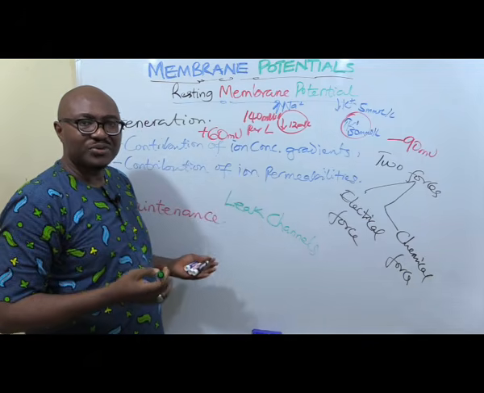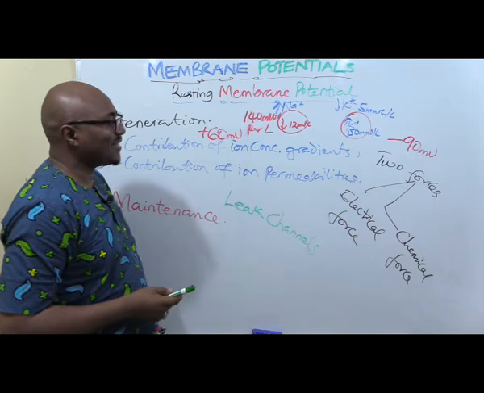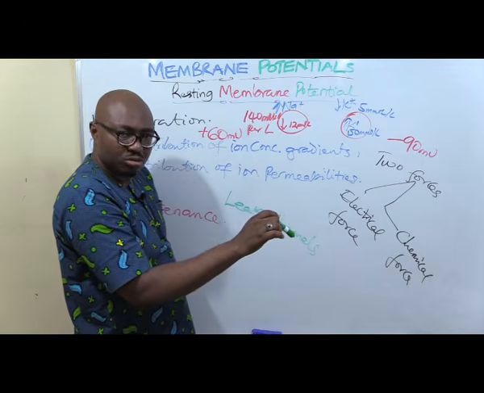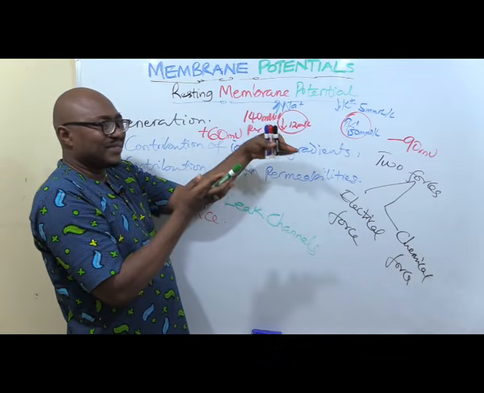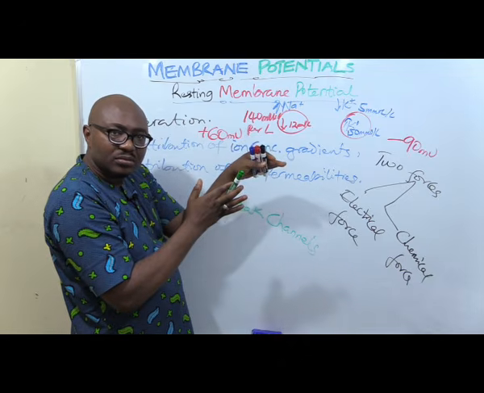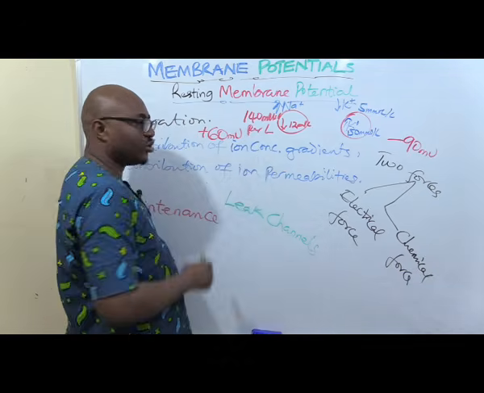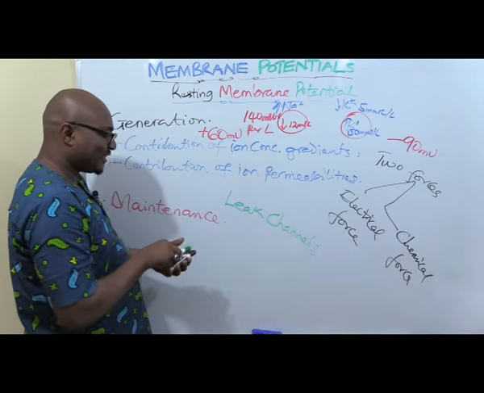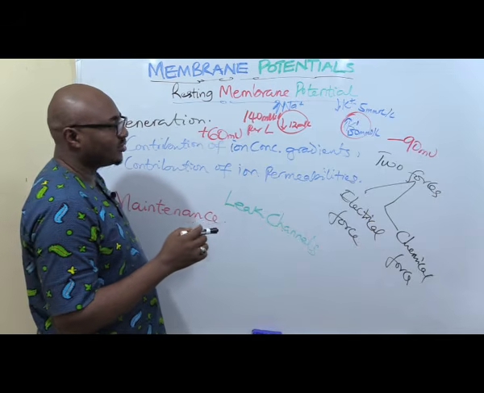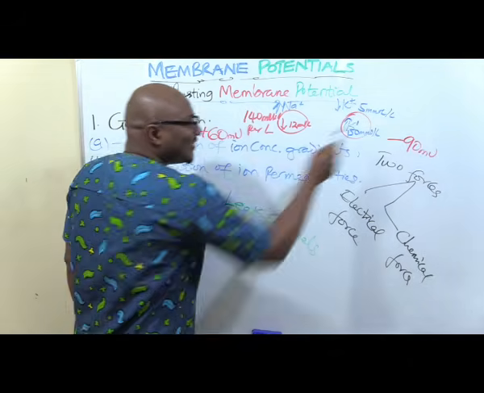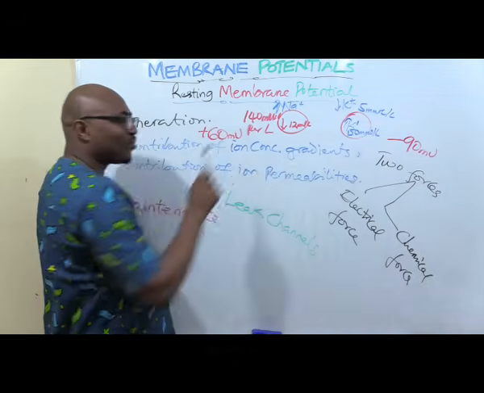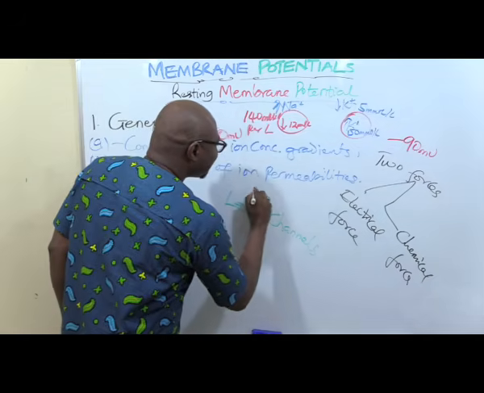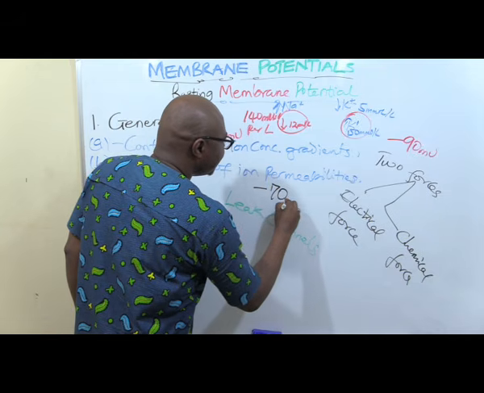So what do you think will result? It will result in the fact that potassium will contribute more to the membrane potential than sodium. Do you understand that? So the overall resting membrane potential of the cell is closer to the equilibrium potential of potassium, and it is usually around minus 70 millivolts.